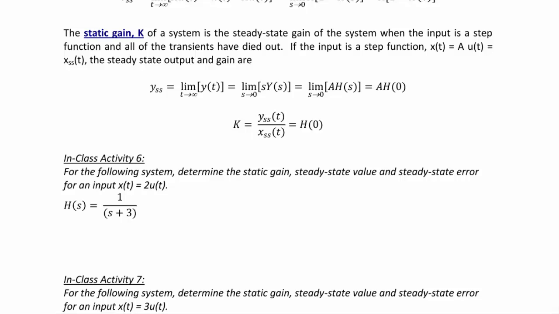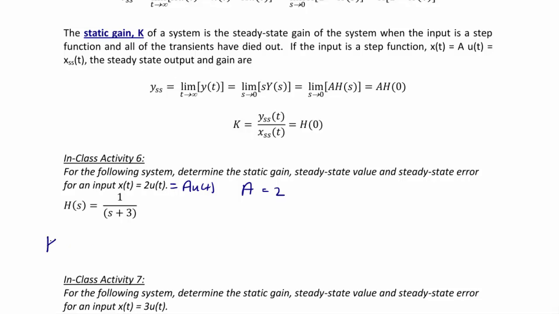So for the following system, determine the static gain, steady state value, and steady state error for an input x of t equals 2 u of t. So the first thing you note is that this is equal to a u of t. So a is equal to 2.